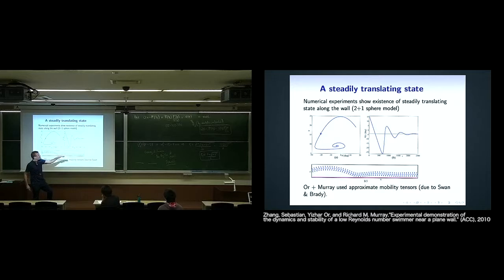Okay? And these are some phase portraits. So this is y, distance from the wall, against orientation, and it settles down to this stable point. And this is, what is this? This is time against orientation. So what happens is, after a sufficient amount of time, it stays in a particular orientation and just travels at a constant speed along the wall. Everybody understand?